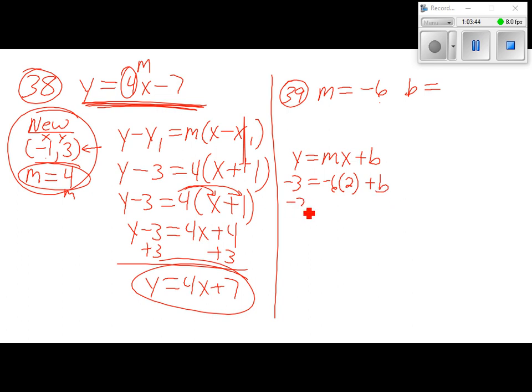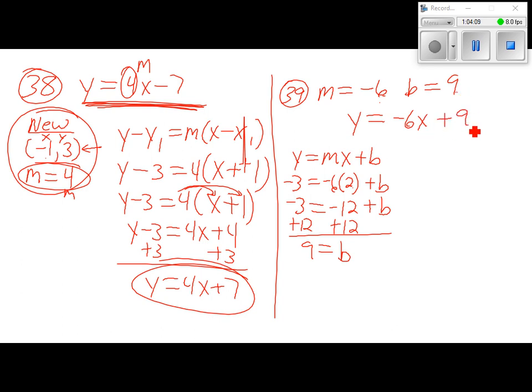Negative 3 equals negative 6 times 2, which is negative 12, plus b. Add 12 to both sides. You end up with 9 equals b. So b equals 9. Now I'm just going to put that in the y equals mx plus b form. y equals negative 6x, that's our slope, plus the y-intercept, which is 9. That's our equation.